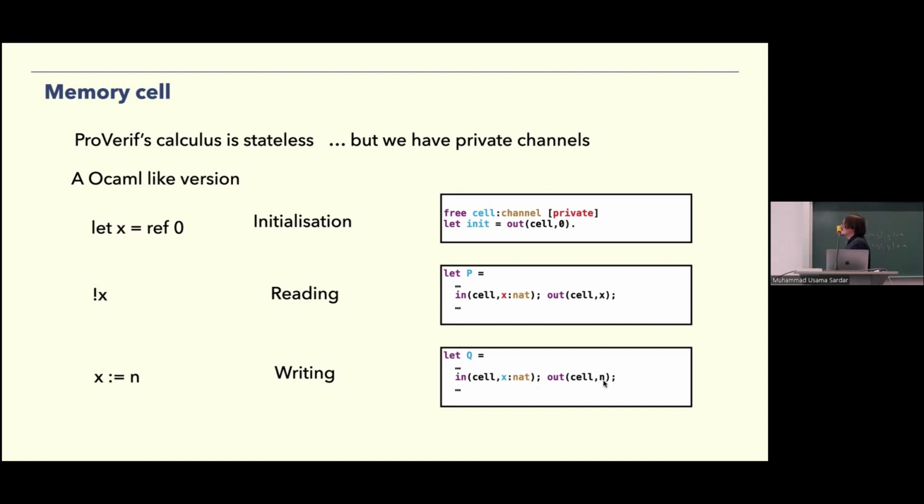The key part here is that the communication in the model behind ProVerif is synchronous. So far we've only done communication on the public channel, so basically you communicate with the attacker.